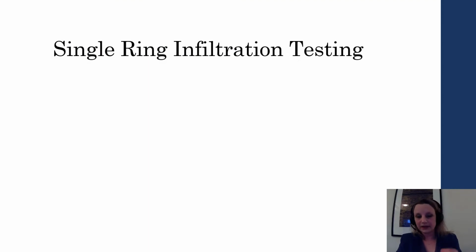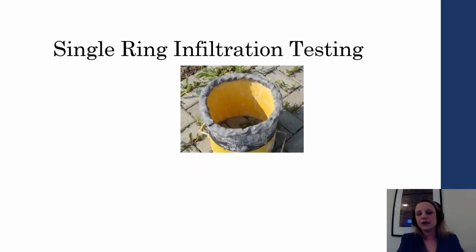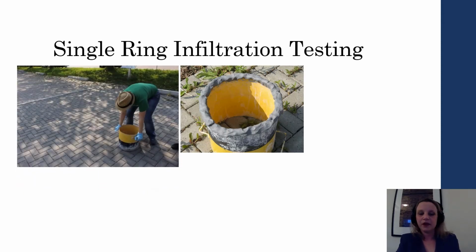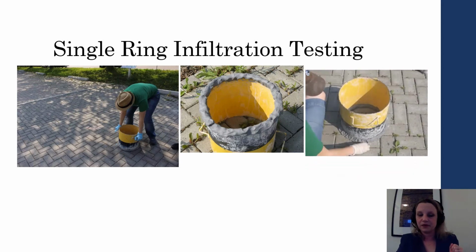Another way for planning or knowing when we need to do maintenance is to track changes in surface infiltration over time. And this can be done through a very simple single ring infiltration test. We get a ring that we prep with something that's going to allow it to seal to the surface, whether it be we use either plumber's putty or clay, and we place it on the point of interest on the pavement.